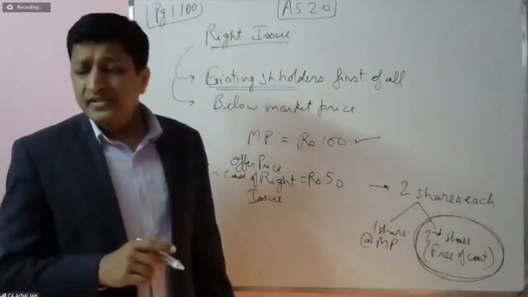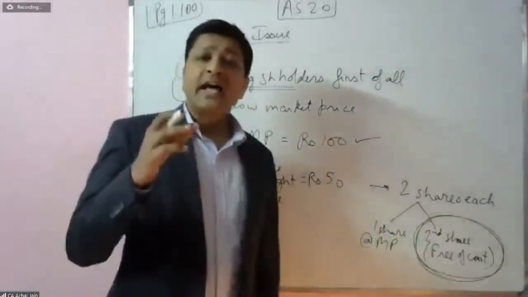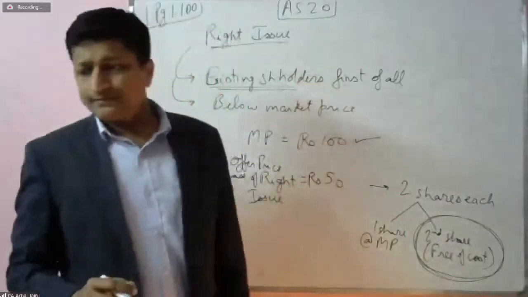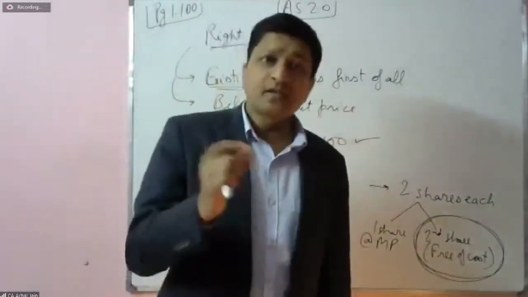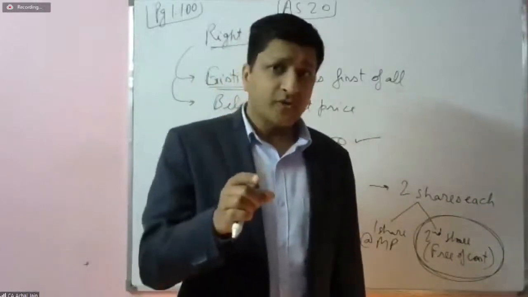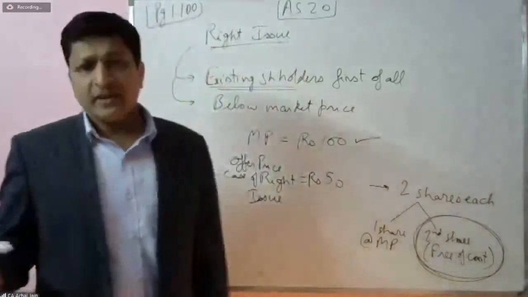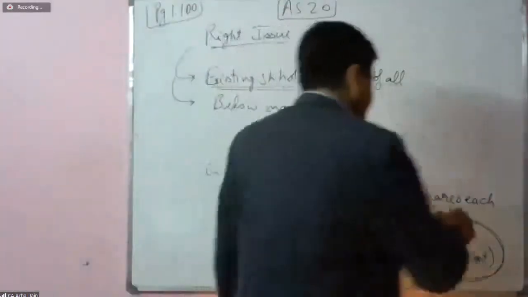But the only thing is, in this case, entire portion of the right issue is not the bonus issue. Some proportion of the right issue is the bonus issue. Now that proportion will have to be computed every day. Yeah? You understood this?